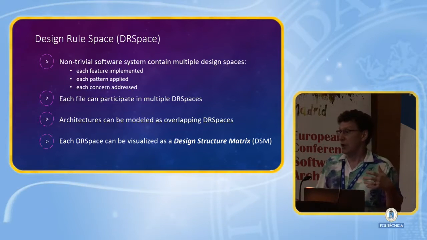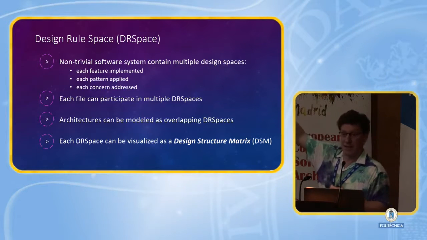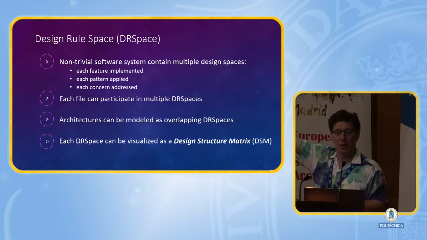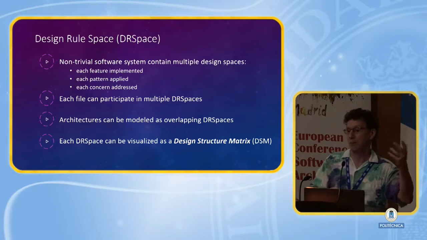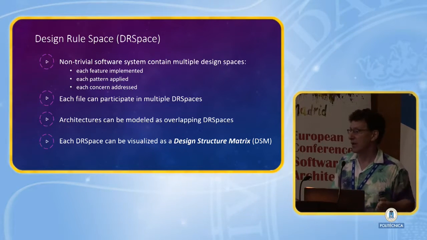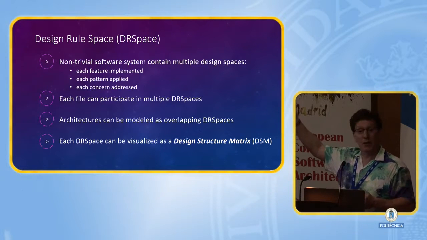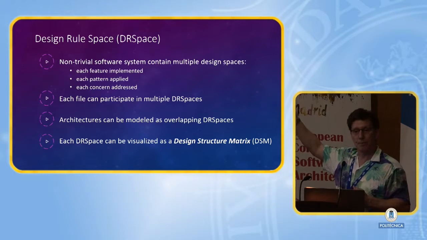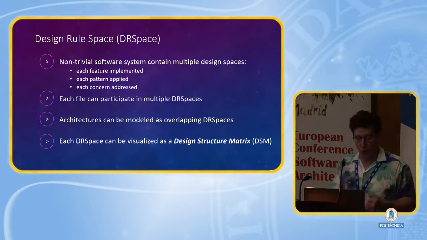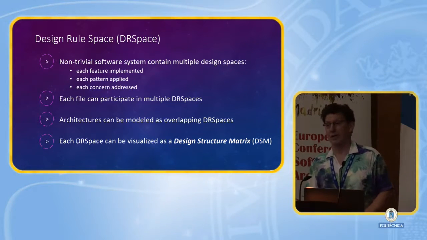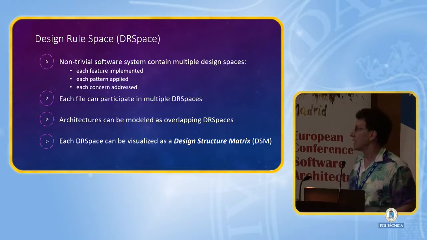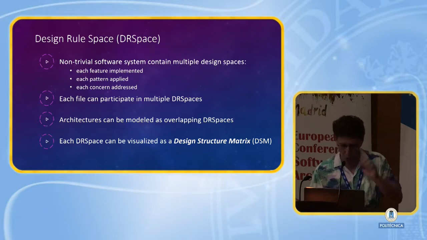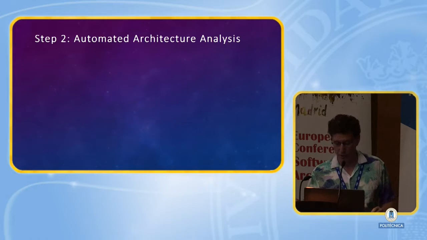Because it is multidimensional, a single source code file might participate in a pattern, participate in a feature, and participate in achieving some quality attribute. Every file can participate in multiple DR spaces. These are multiple views of the system, and so we like to model architectures as overlapping DR spaces, and we visualize them, as I'll show you in a moment, as design structure matrices.